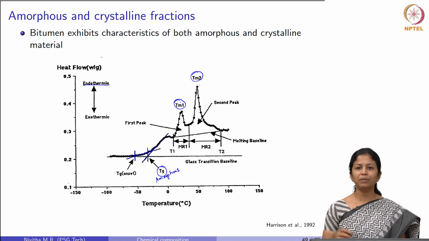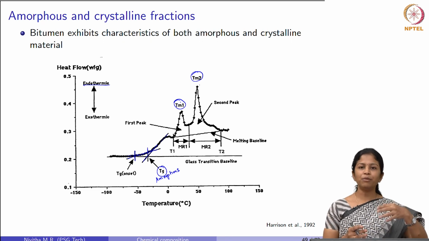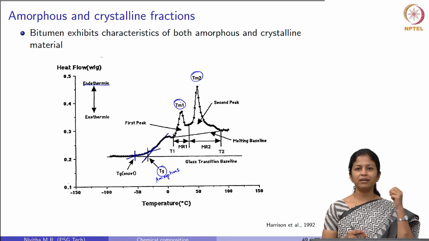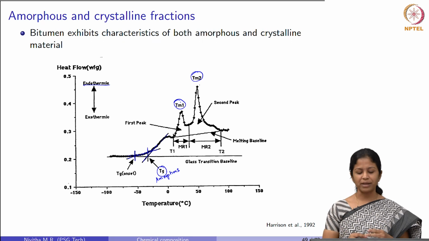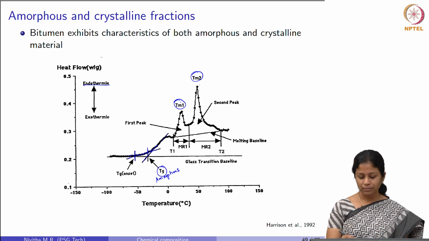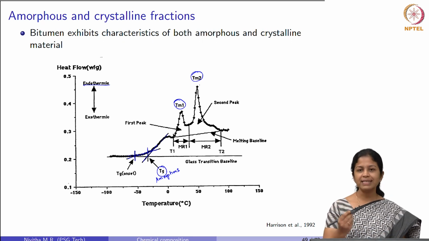So, why do we have two melting peaks? We already defined that bitumen constitutes a number of components, which differ in size, composition, properties, all of these parameters. So, depending upon the size and nature of the crystalline fraction present in bitumen, they can show thermal events at different temperatures.